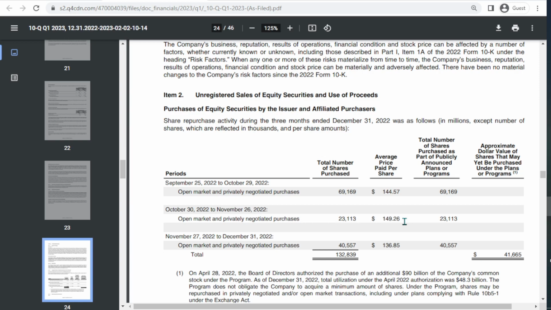And you could go back in several different quarters, and you could also see this same exact table. And you'll see that, hey, you know what? Throughout this entire quarter, they were purchasing shares. Well, where did they make the most purchases? So right here, you can see that they were making the most purchases right around September 25th, 2022 to October 29th. Because you can see right here, they made 69,169,000 share purchases.